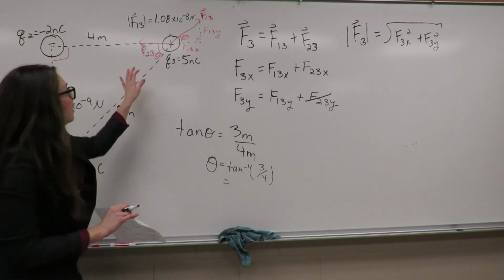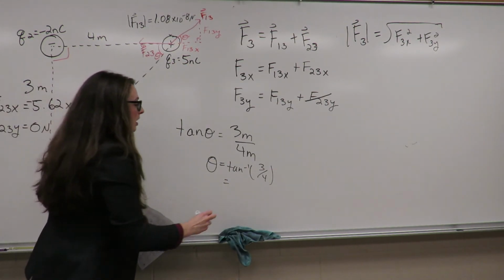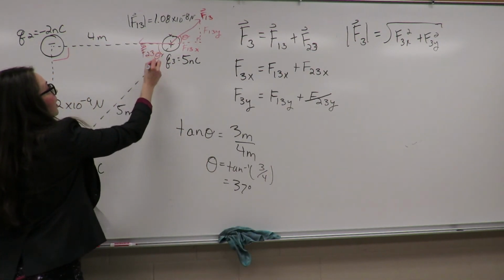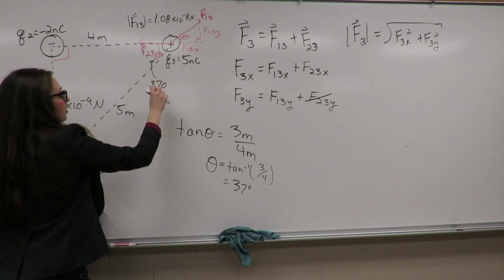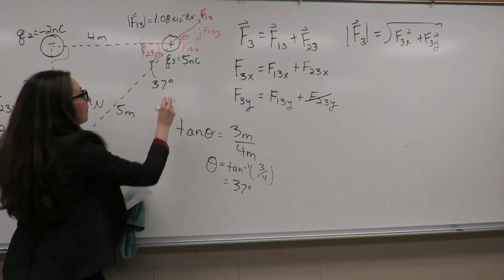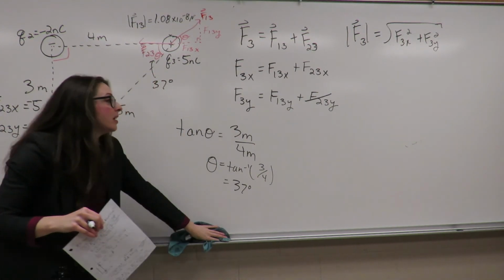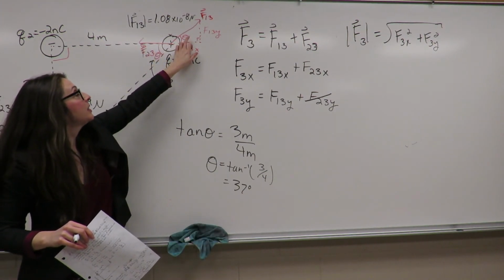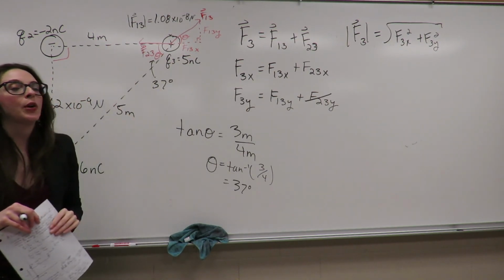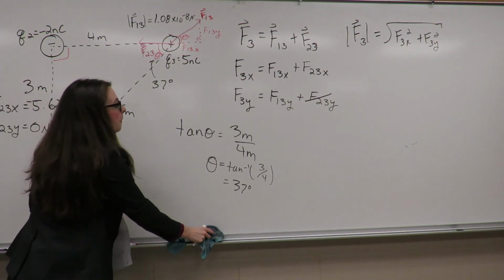And so it turns out that this angle is 37 degrees. So this angle right here, 37 degrees. And because it's a vertical angle with this angle right over here, this angle there is also 37 degrees.